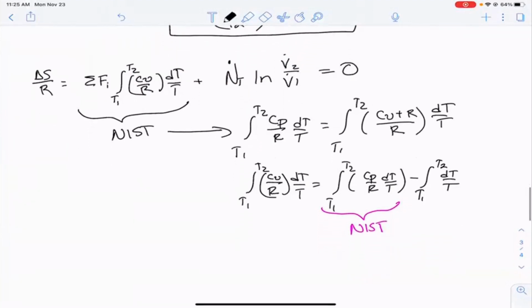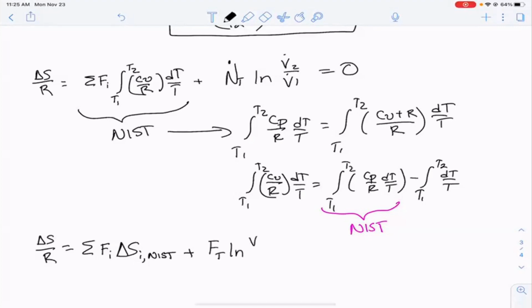So now, if we're going to calculate the change in the entropy using the NIST information that we had before, because we don't really have a straightforward expression for Cv yet, we're going to come up with this equation where delta S over R is equal to the sum of Fi times delta Si NIST plus the total flow rate times the natural log of V2 over V1, right?